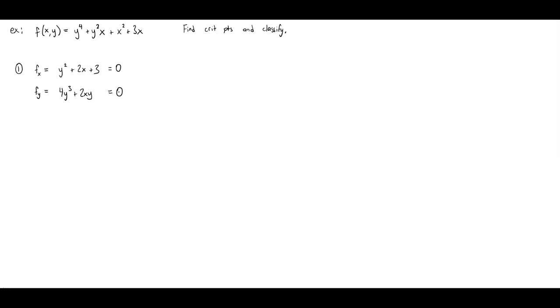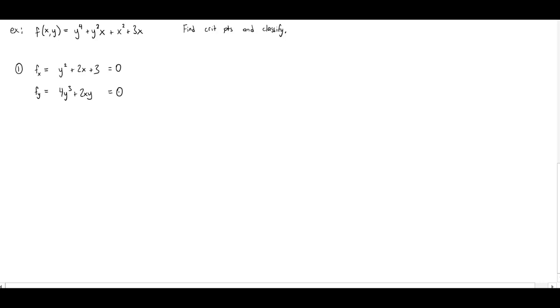The hardest part is potentially going to be right here when you're trying to solve for the critical points. So one thing that I'd be looking out for in your equations is if you can factor one of them.